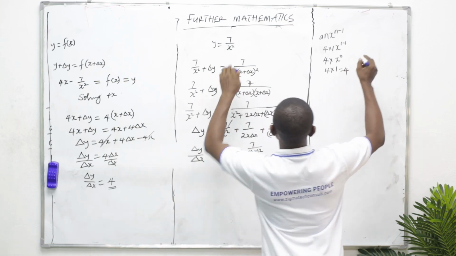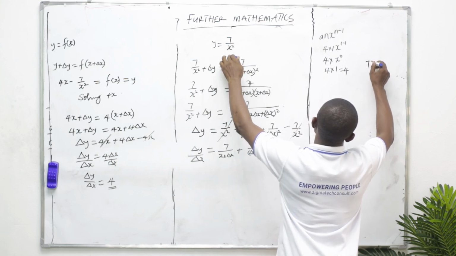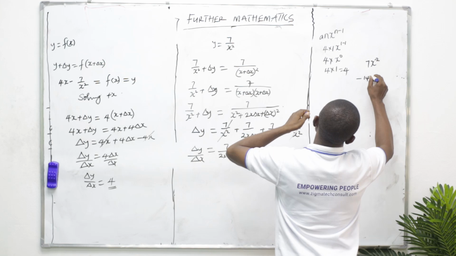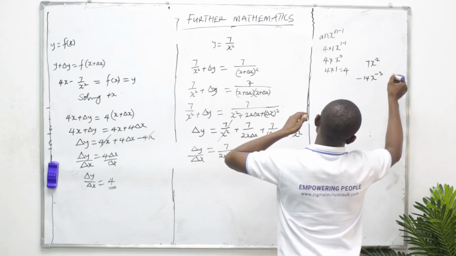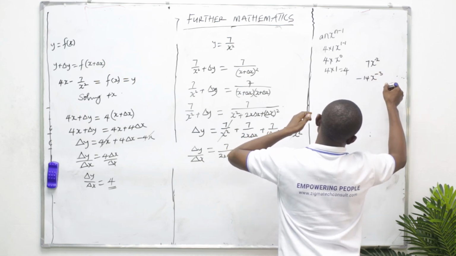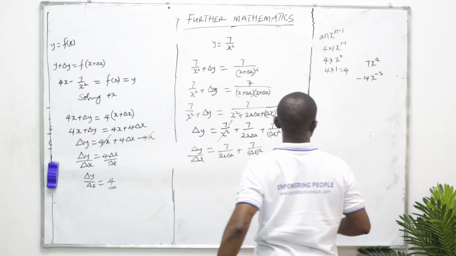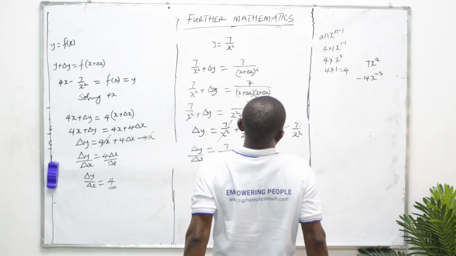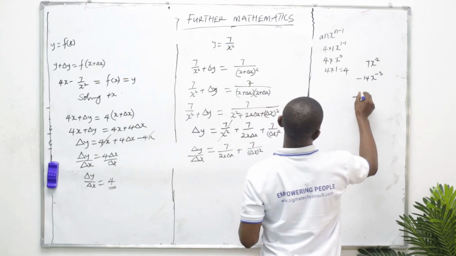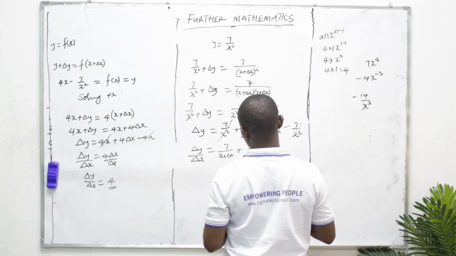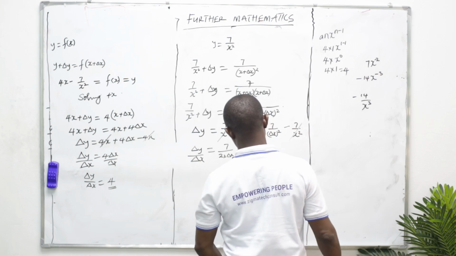Okay, to be on the safe side, this means minus 2, that's minus 14s minus 3 is what you expected to get as the solution, or minus 14 all over s cubed.